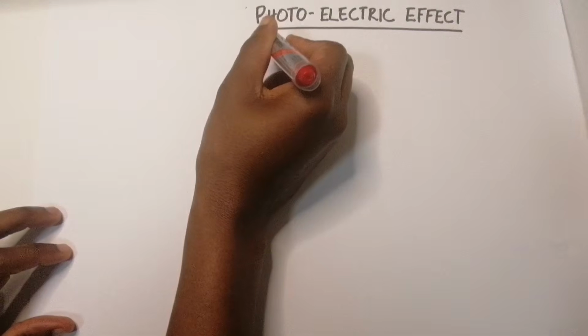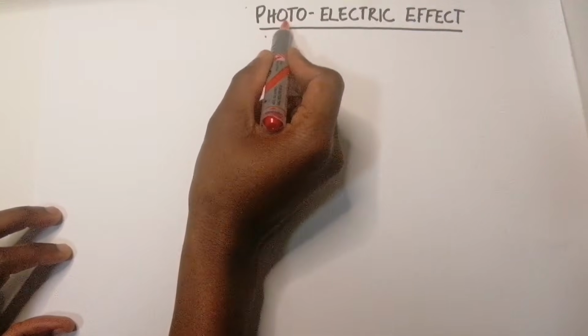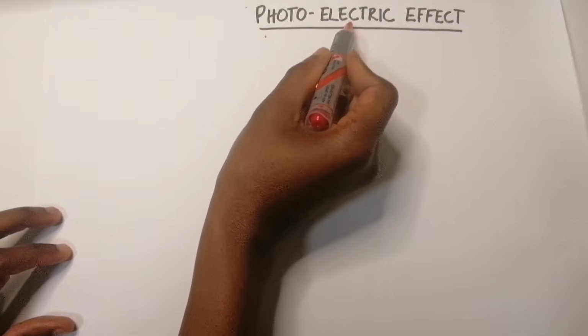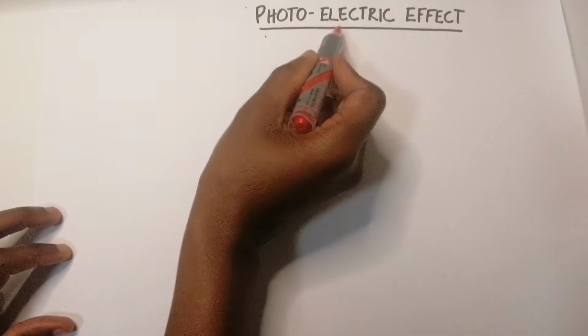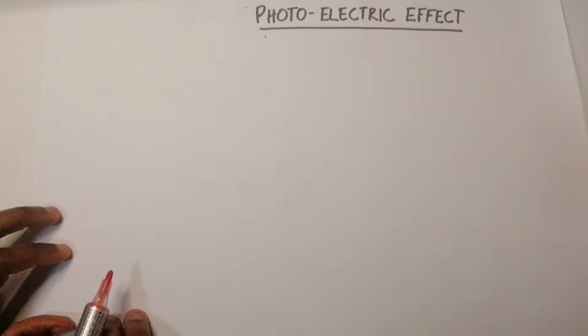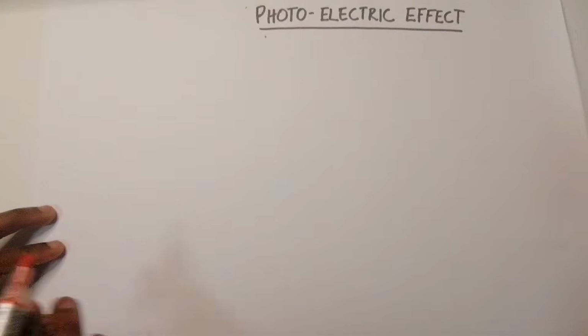This is a compound word that has to do with light as well as electricity, so the relationship between light and electricity. Essentially, in the photoelectric effect we are using light energy in order to produce electrical energy. So let's talk about how exactly that happens.